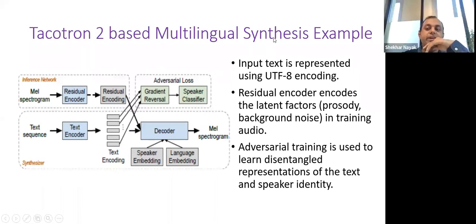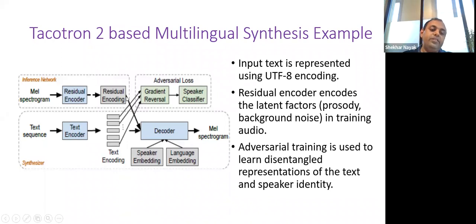Okay, yeah. So this is a recent Tacotron 2 based multilingual speech synthesis model. Tacotron models synthesize speech from Mel spectrograms. From the text you have a text encoder, which produces the encodings of the text, and then you have a residual encoder which learns the prosody or latent representations from the speech.